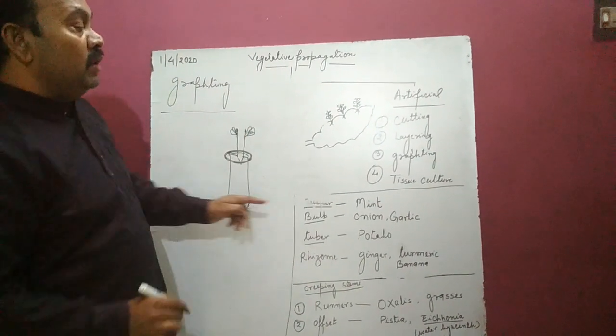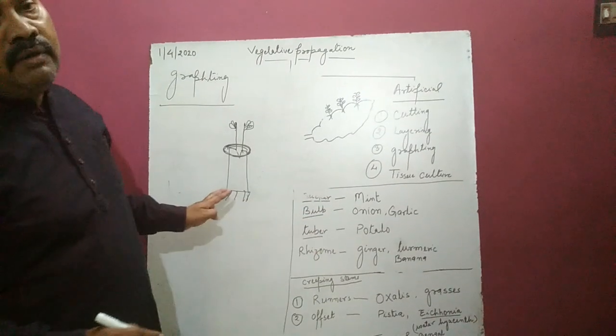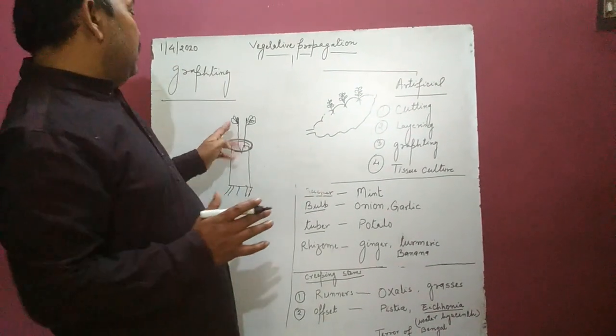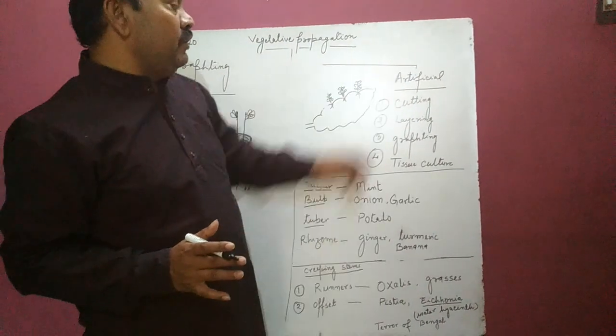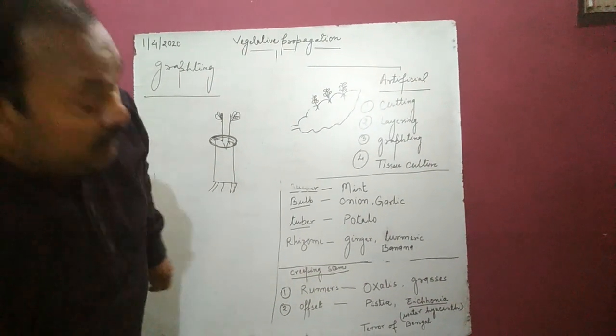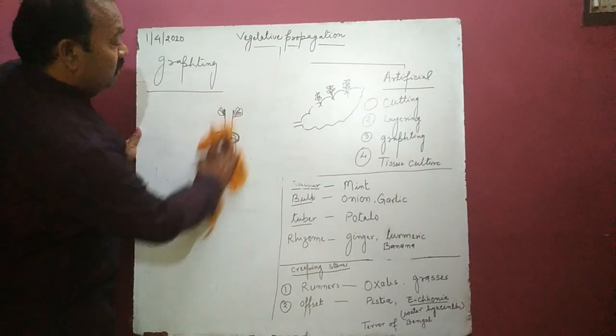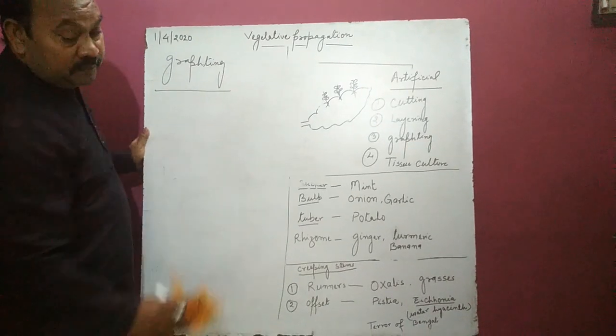That method is called grafting. Grafting is a very good method for artificial propagation, and next is called tissue culture.